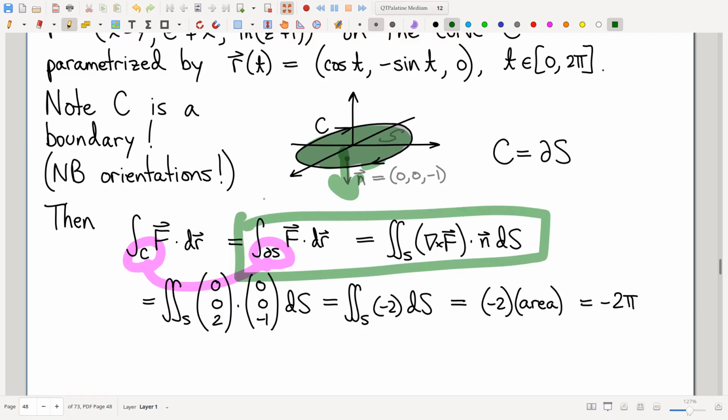We don't have to play orientation games and say minus, and the opposite orientation. We just correctly note what the surface orientation is. The surface orientation is upside down. It's downward instead of upward. That accounts for the seeming problem with the curve's orientation.